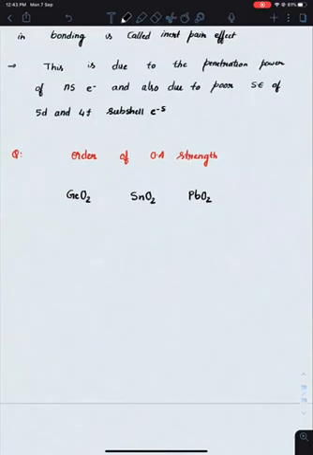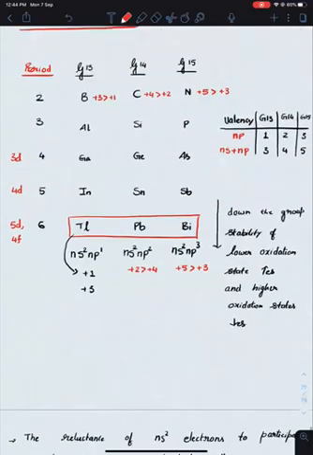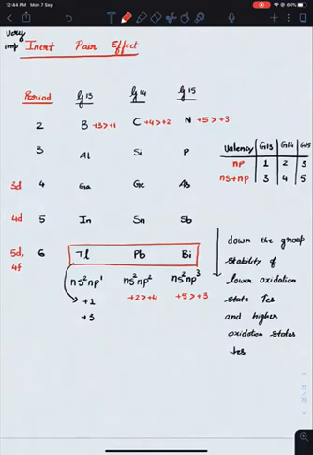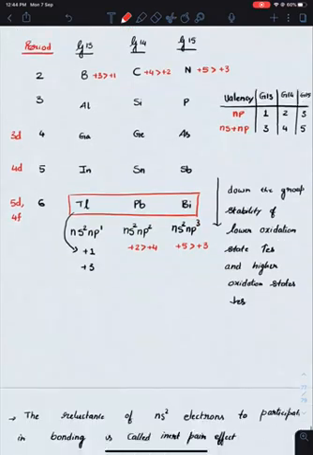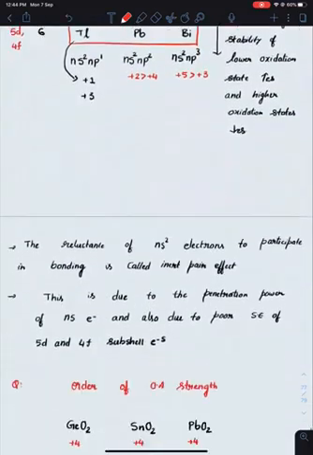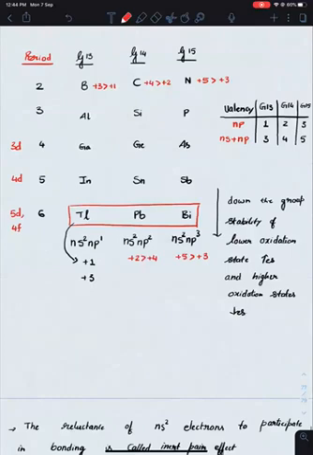In GeO2, SnO2, PbO2, if you see the oxidation states, germanium is in +4 oxidation state, Sn is also in +4 oxidation state, lead is also in +4 oxidation state. Okay, and all of them belong to group 14.